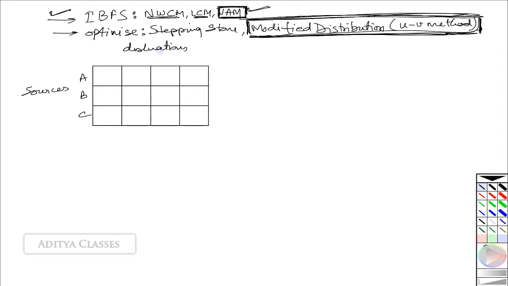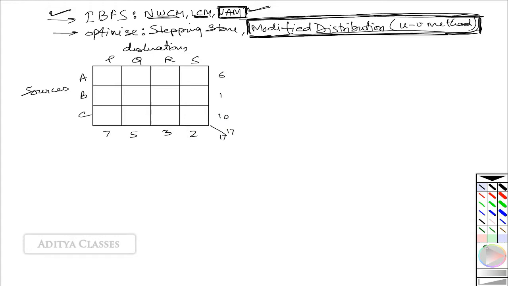Let us call the destinations P, Q, R and S. The supplies available at the sources are 6, 1 and 10, while the requirements of the destinations are 7, 5, 3 and 2. So 7 and 5 make 12, 12 and 5 make 17. We have a supply of 17 and a demand of 17, so it is a balanced problem.